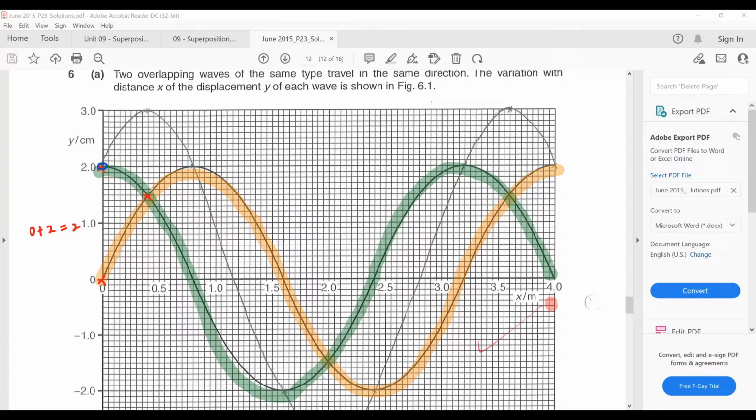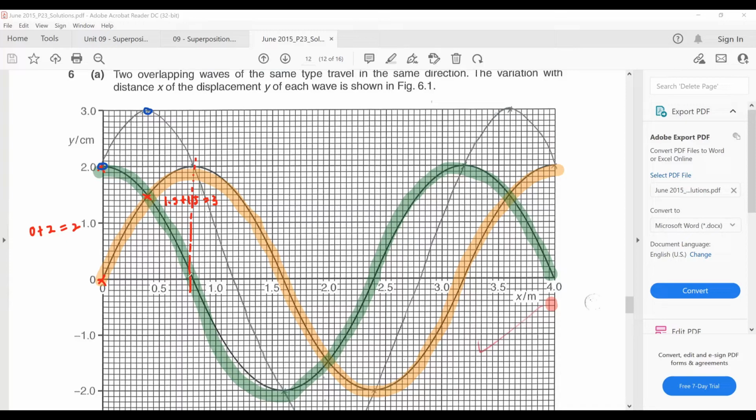These 2 points are where they meet, right? This one is actually 1.5 for the green wave, 1.5 for the orange wave. So 1.5 plus 1.5 gives you 3, which would be this point here. Okay. Then another easy point to use would be this point here. Wait, let me draw it out.